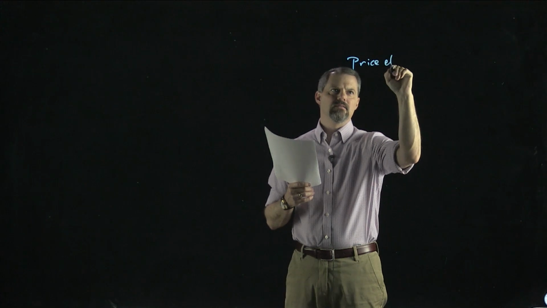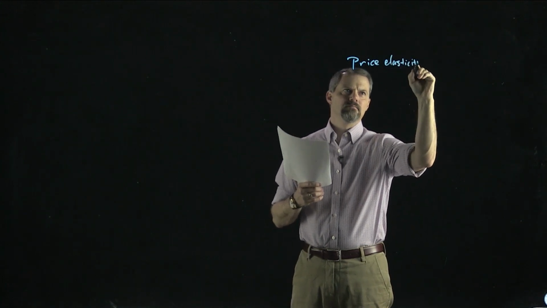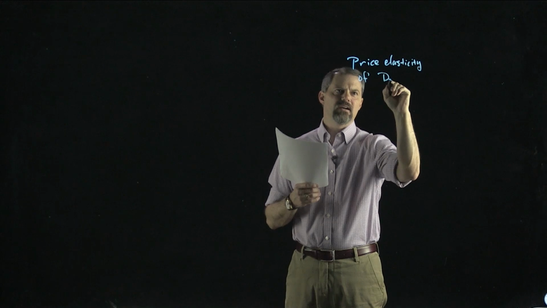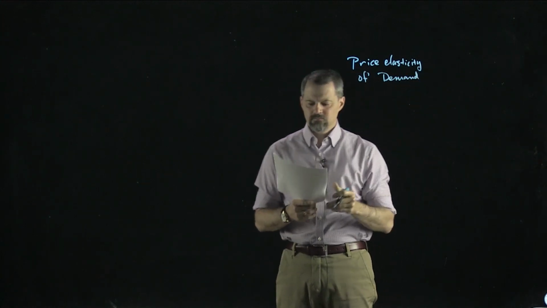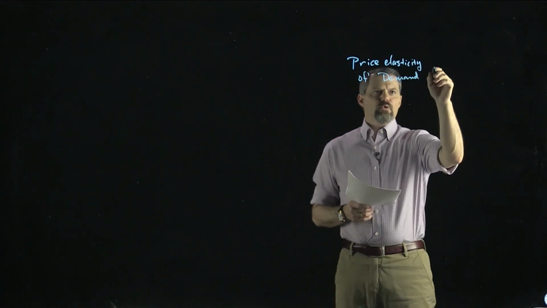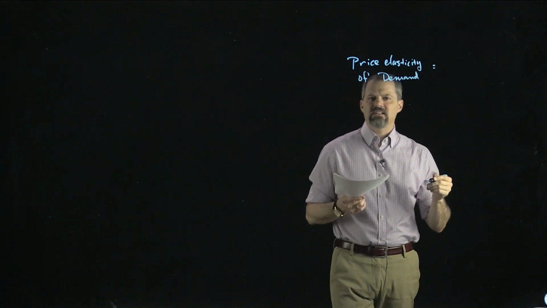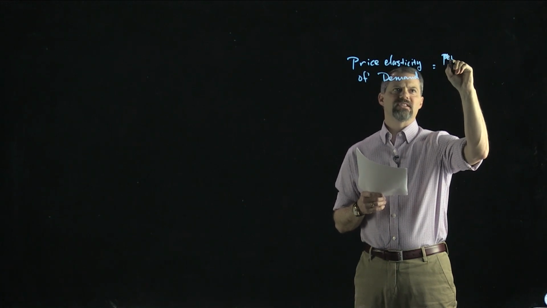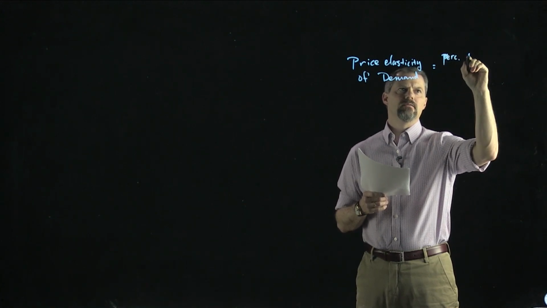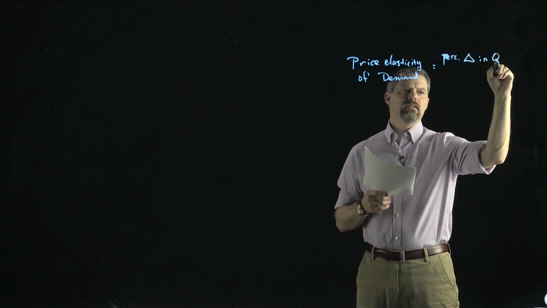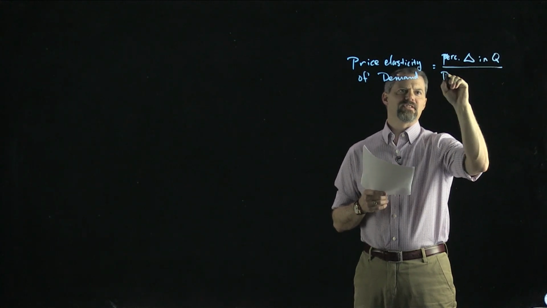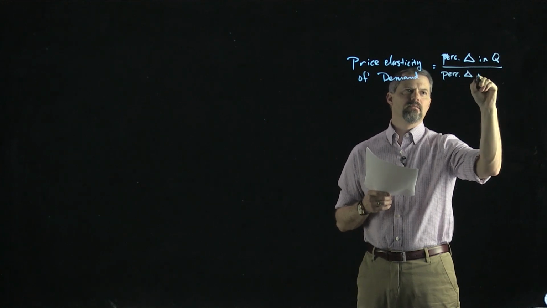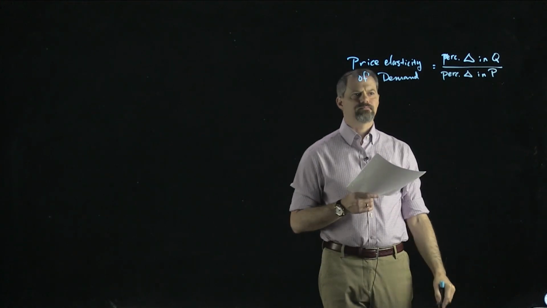Okay? So the term that we typically use is price elasticity of demand. And the way that you calculate it is that the price elasticity of demand is just the percent change in quantity divided by the percent change in price.